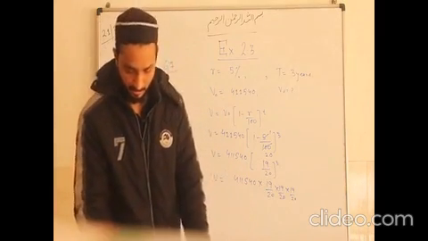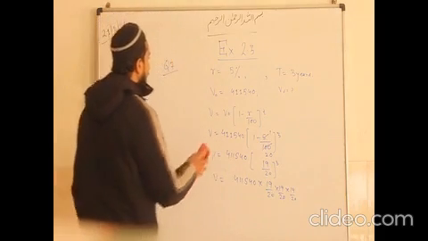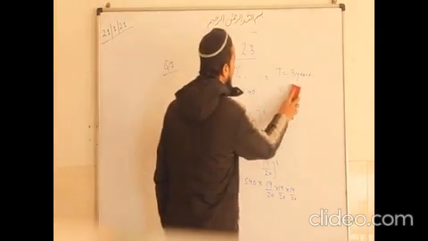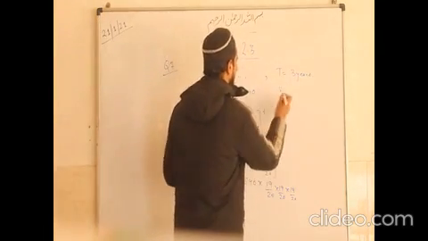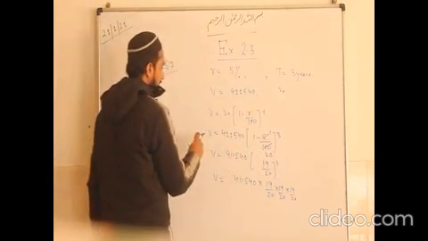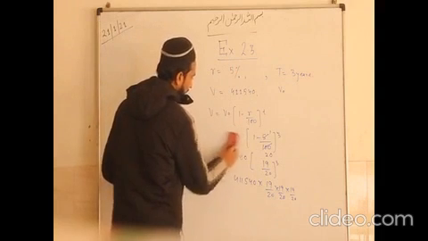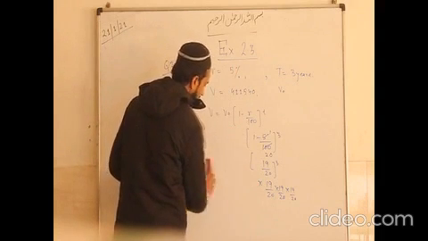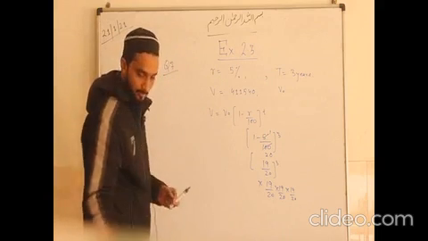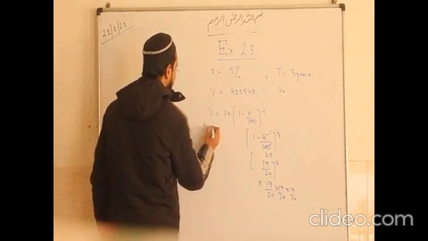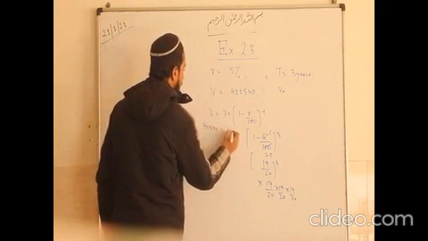Sorry for that, this is V, and we have to find V naught. So this value only we have to put here. So this is 411540 equals V naught.